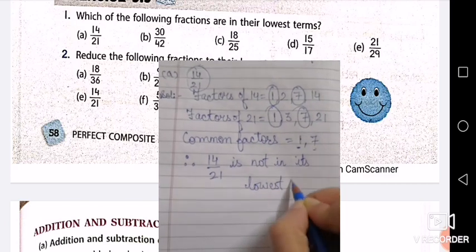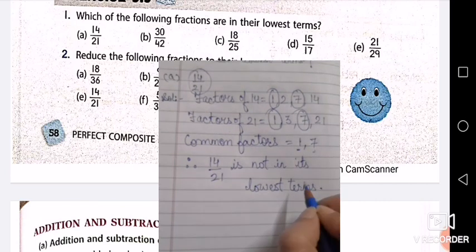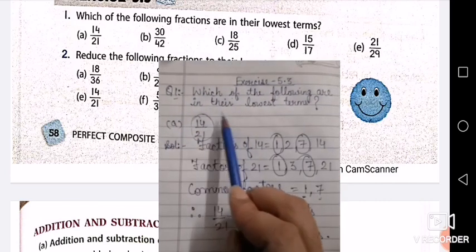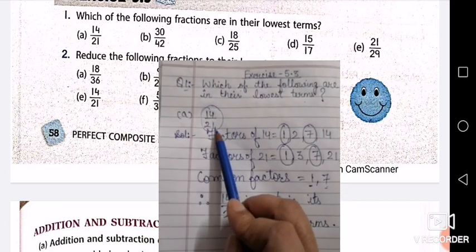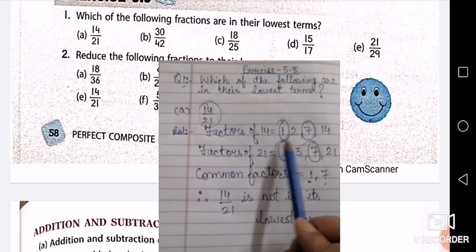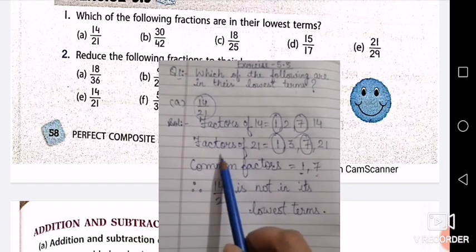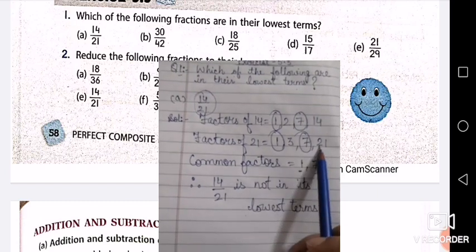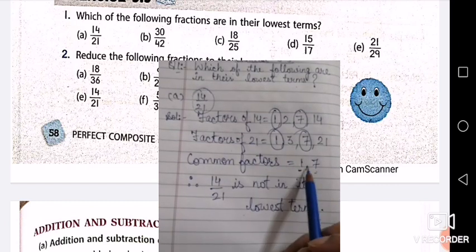terms. So you have to understand what you are supposed to do in a question in which it has been asked which of the following are in their lowest terms. Now A part is 14 by 21. Factors of 14 you have written 1, 2, 7 and 14. Then factors of 21 you have written 1, 3, 7 and 21. As you can see, there are two common factors, 1 and 7.